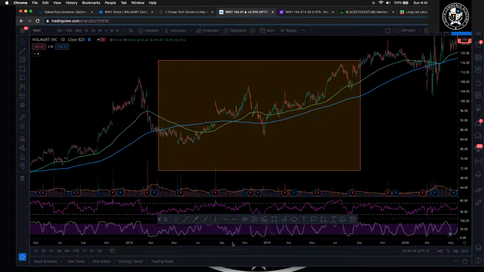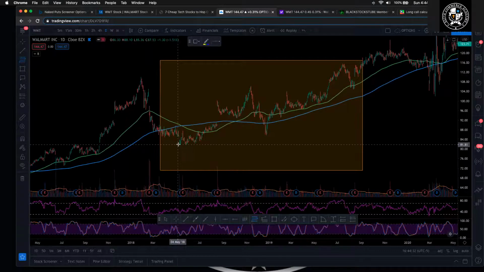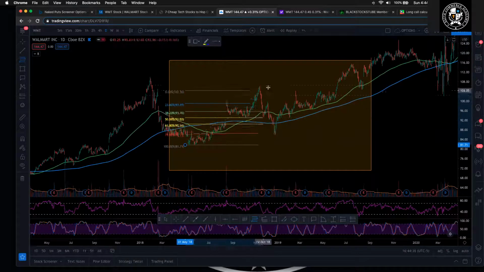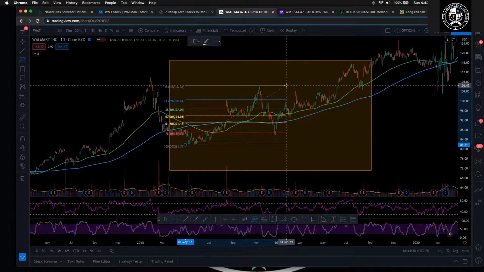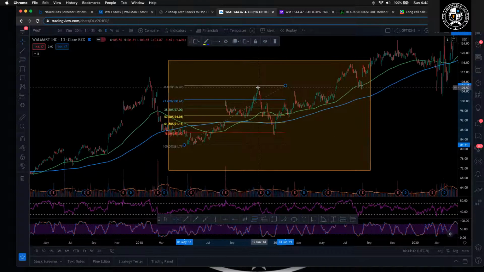Basically what I'm gonna do is take my Fibonacci retracement tool, right? Now, when you're using the Fibonacci retracement tool for an uptrend, you wanna go from swing low, the lowest point, to swing high, the highest point. So the lowest point is down here, the highest point is up here.